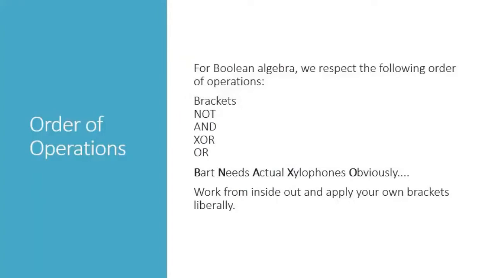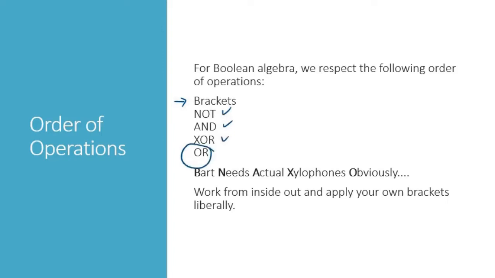I mentioned order of operations with the previous problem and that we do brackets first, but let's have a look at all the other operations we could have. Like regular algebra, we'll look at brackets first, but the remainder are strictly Boolean operators. So once we've looked inside brackets, then we'll evaluate our NOT gates, our AND gates, then our XOR gates, and your very last step is to evaluate any OR functions.